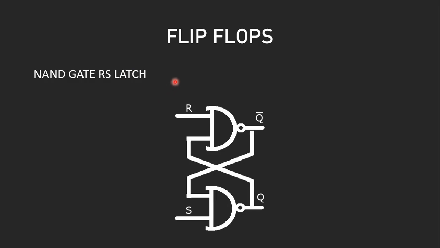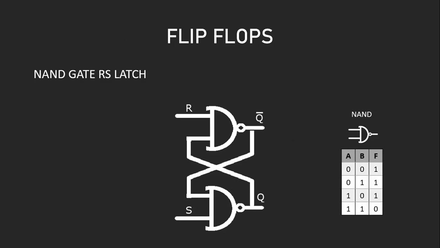So, diving into the NAND gate SR latch. As you can see, a NAND gate is also structurally similar, but its function is quite different. Also notice that the outputs are changed. Q bar is now at the top and Q is at the bottom.